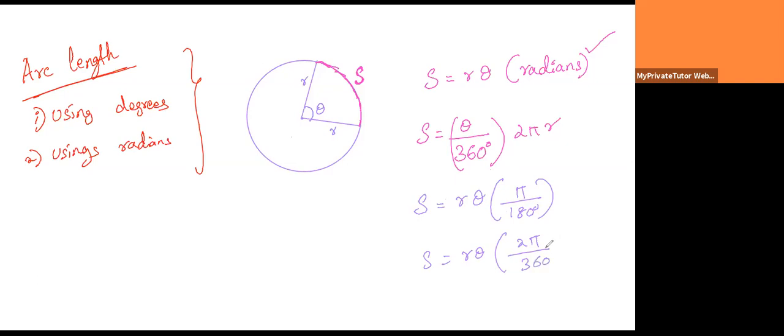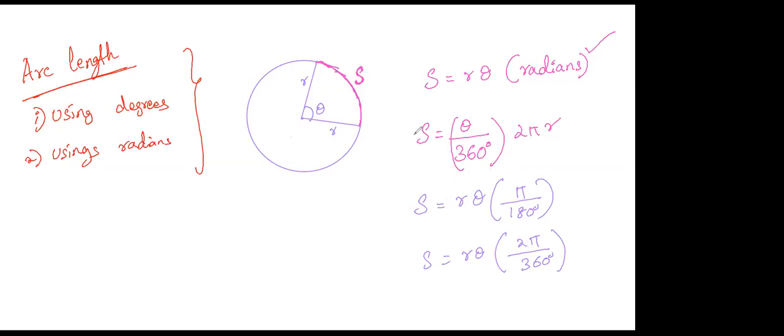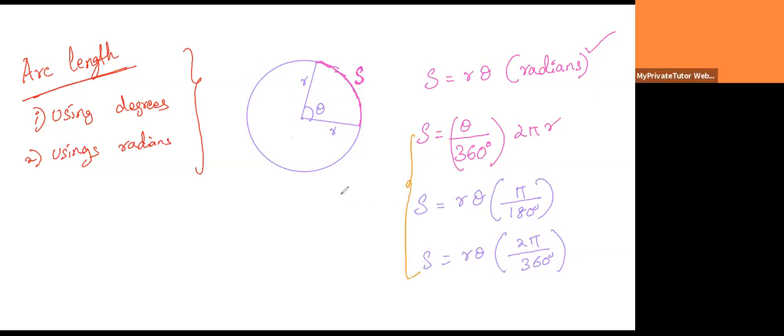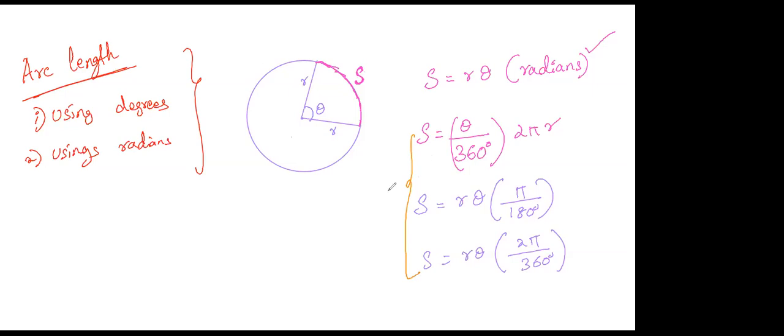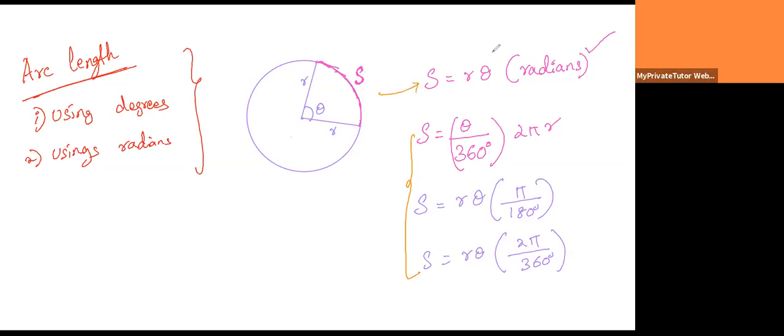So both are the same. You can use any of these three formulas if the angle theta is given in degrees. If theta is given in radians, you can directly use the formula S equals r theta.